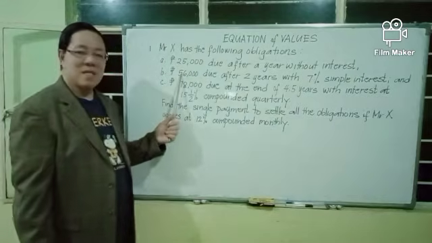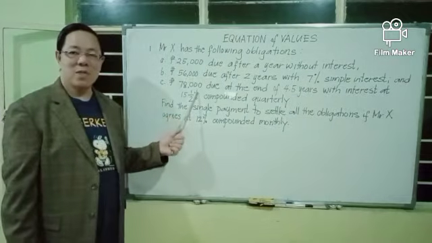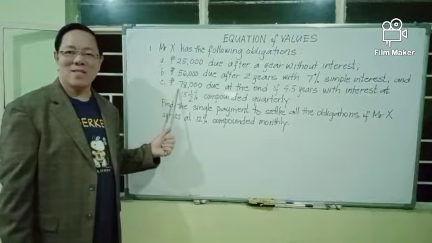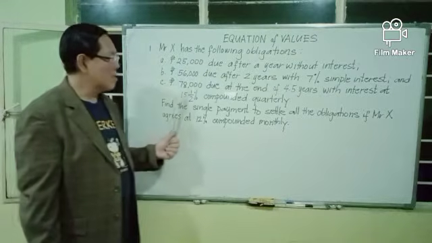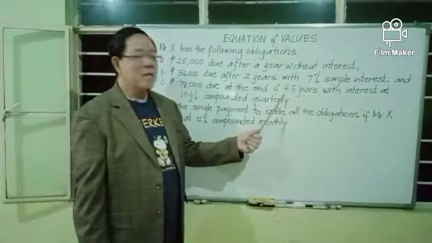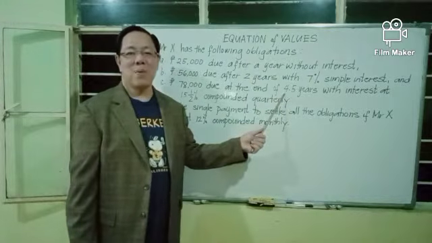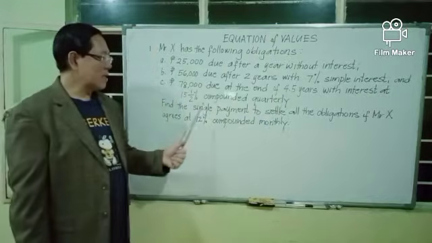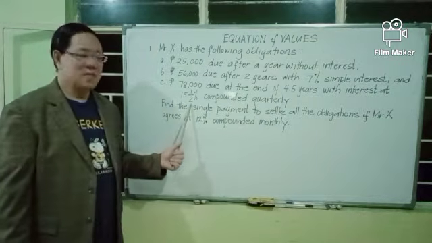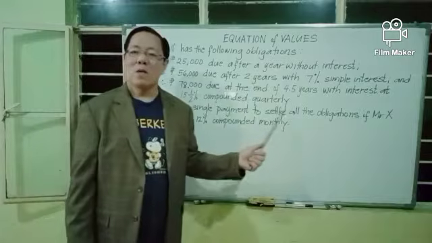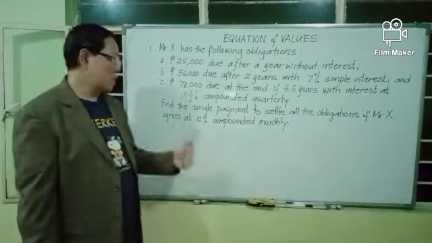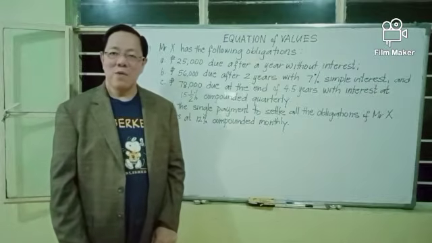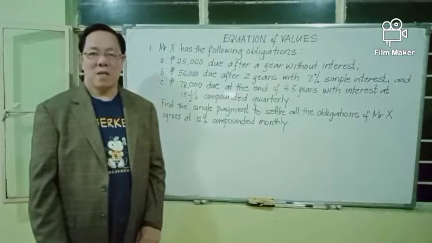In the same way as the second obligation, we have to find the maturity value or accumulated value of the third obligation of 78,000 pesos at the end of 4.5 years. But in the third obligation, the interest is at 15.5% compounded quarterly, which means that the interest on the loan will be computed 4 times a year, every 3 months.